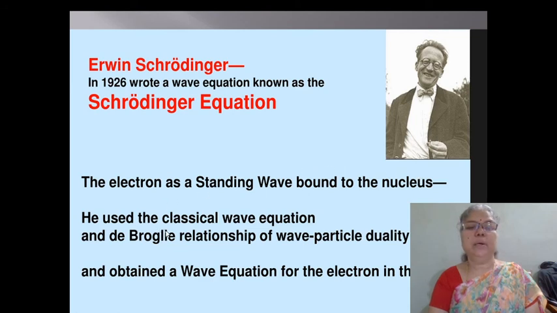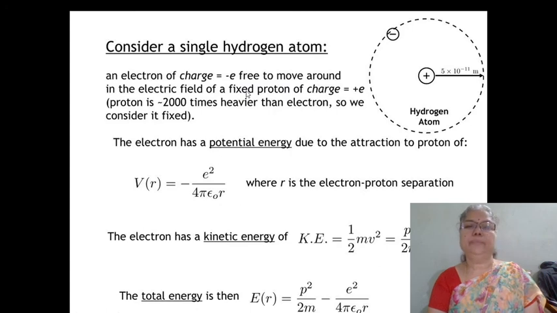He used the classical wave equation and the de Broglie relationship of wave-particle duality and obtained a wave equation for the electron in the atom.